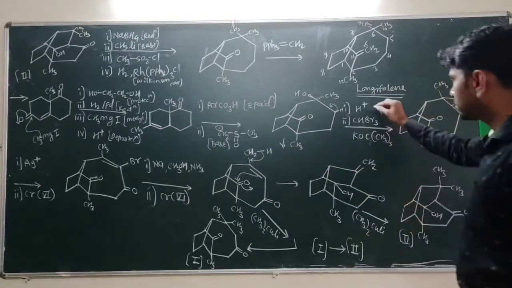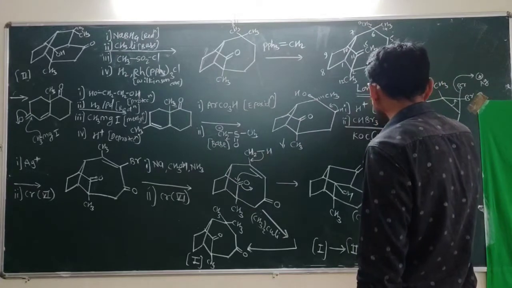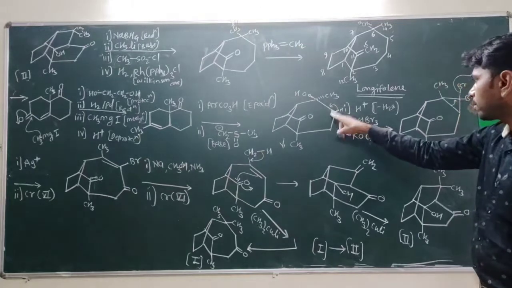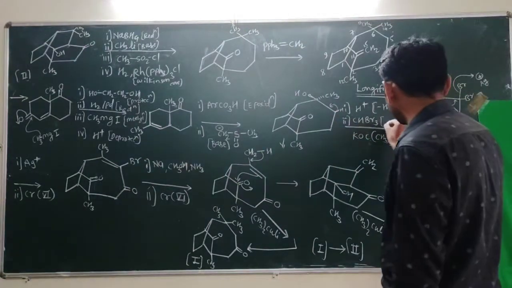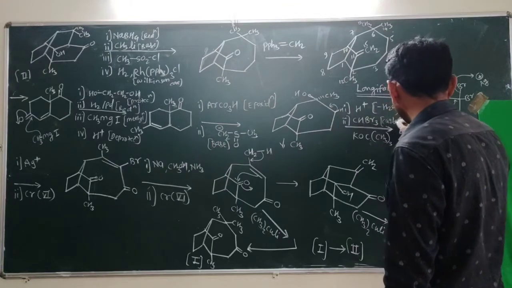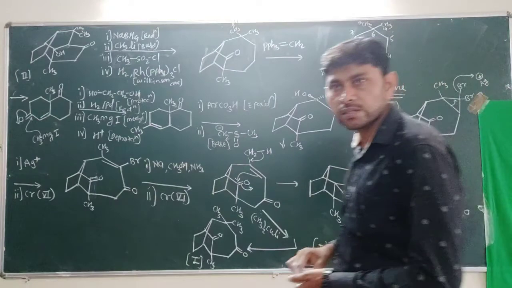Now at this stage we have used H plus. What is this H plus for? It removes a water molecule, with formation of a double bond, and that double bond is for the carbene, and this carbene formation can be enhanced by using this reagent.